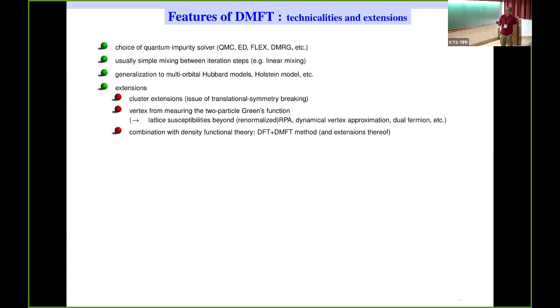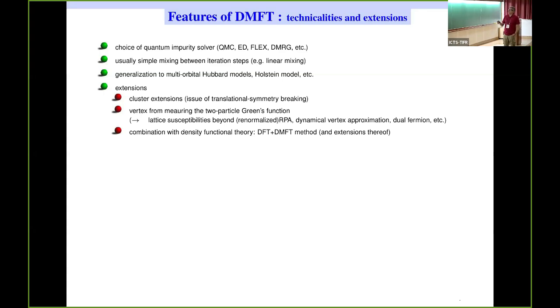Then you can measure the vertex, the two-particle Green's function. Once you have found a DMFT solution, you can measure the two-particle Green's function, get a vertex function, and by this compute lattice susceptibilities beyond RPA, for instance. You know that RPA, as we have discussed very quickly, describes the dressing of the electrons from screening effects, and then you can have a Lindhard-like susceptibility, but you can go beyond this by using these vertex functions.